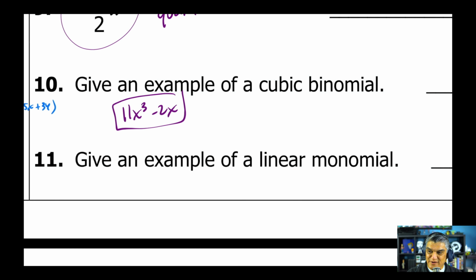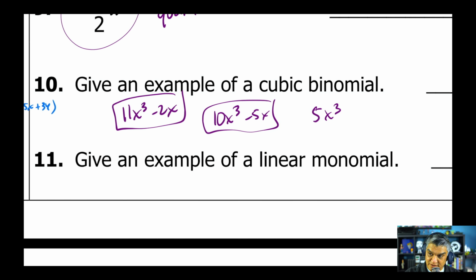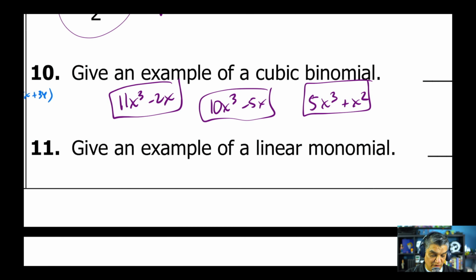Oh, there we go. We got one. 10x cubed minus 5x. That works. We have 5x cubed plus x squared. Good job. So all we have to do is find one that's to the third power, your highest exponent, and then 2 terms.